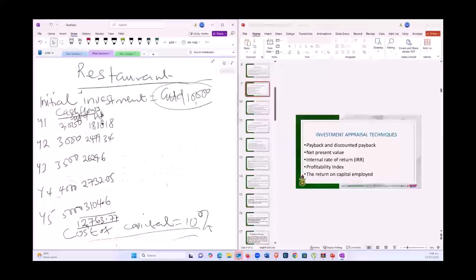Anybody with a difficulty, please? So PV, present value. The first one will be present value 1.